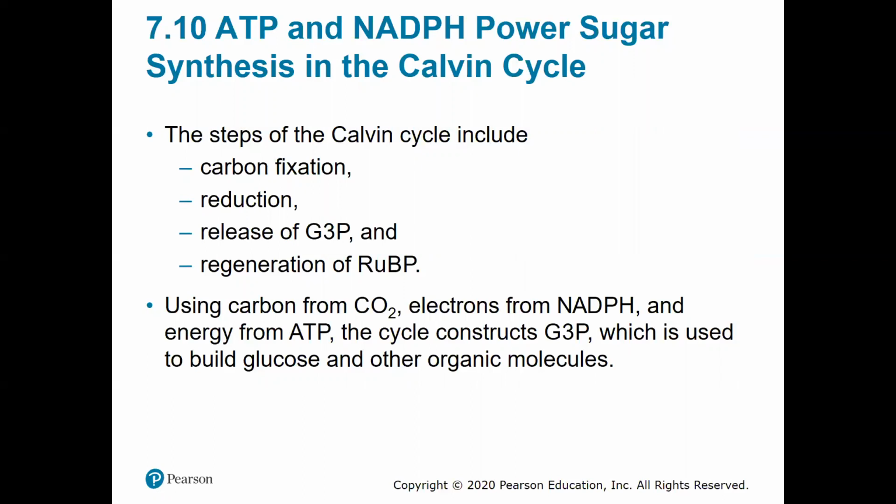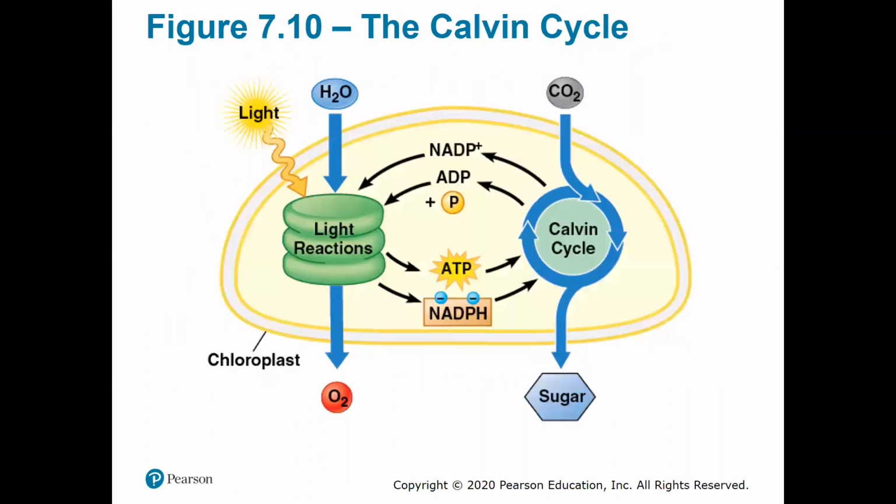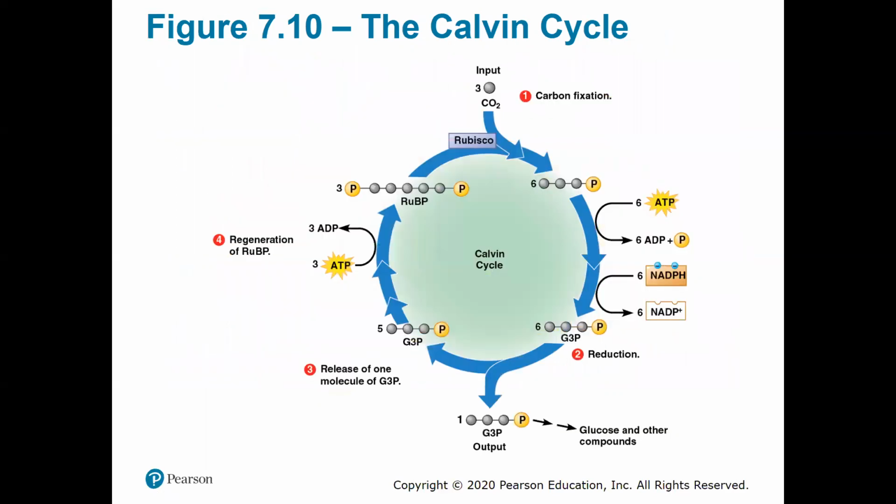And overall, it's a process that uses carbon dioxide and the electrons from NADPH and the energy from ATP, which come from the light reaction, to help construct a glucose molecule. And this is just a summary again of how all these steps work together. And so here is the overall Calvin cycle.